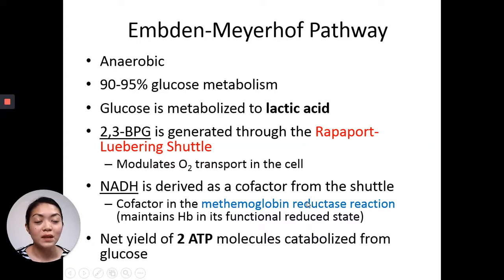From its name, it reduces methemoglobin, or basically it reduces ferric iron back to ferrous iron, which is very important in our RBCs. The net yield of EMP is 2 ATP. Actually, 4 are produced, it consumes 2, for a net of 2 ATP molecules.